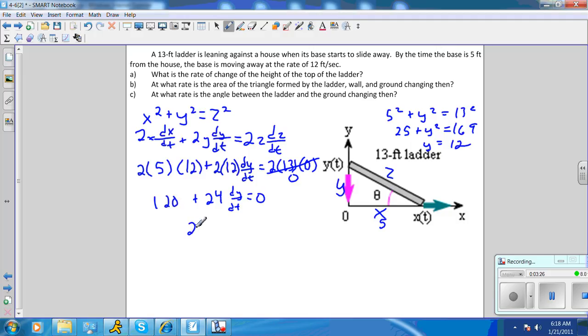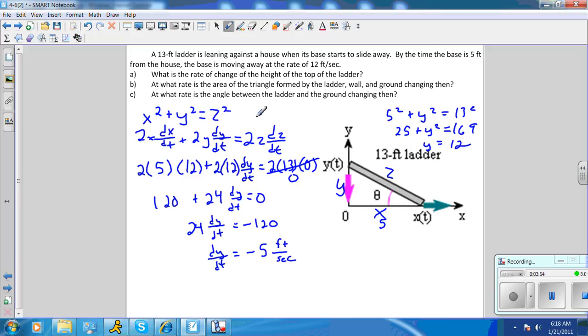So 24 dy/dt equals negative 120, and if I divide that out, dy/dt is negative 5 feet per second. So that's part A of the question.